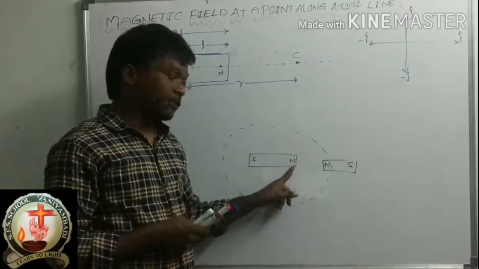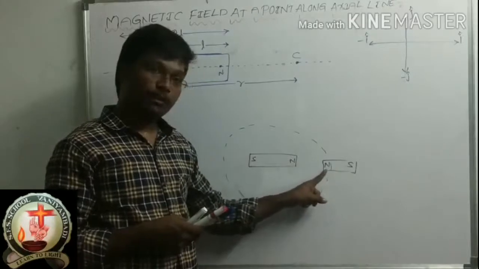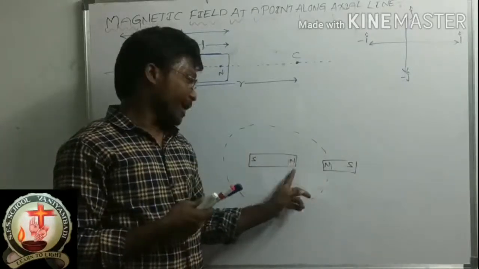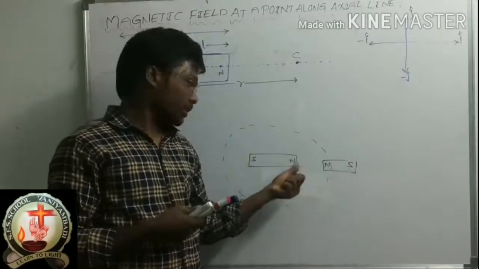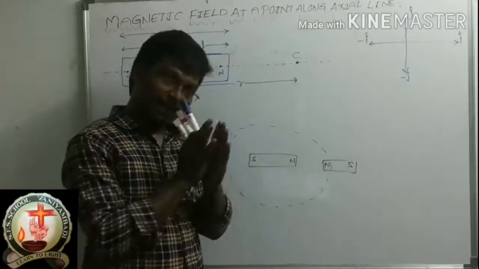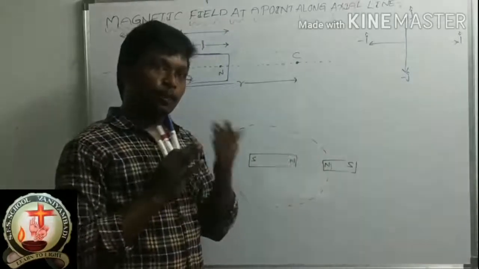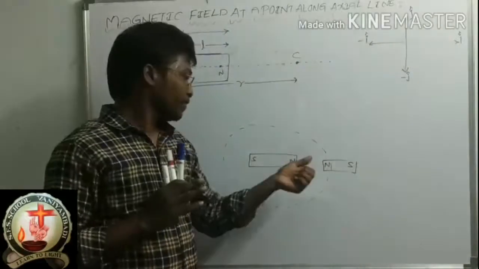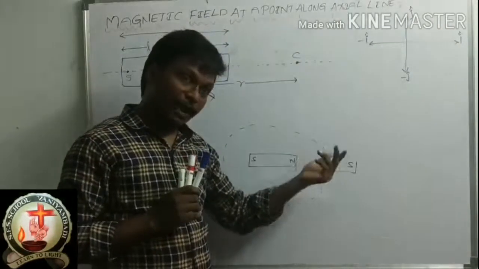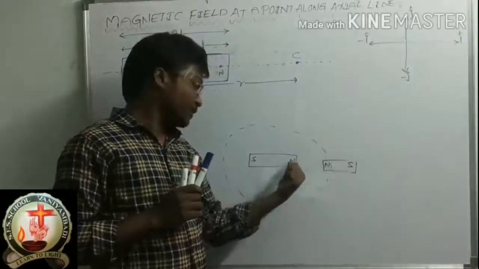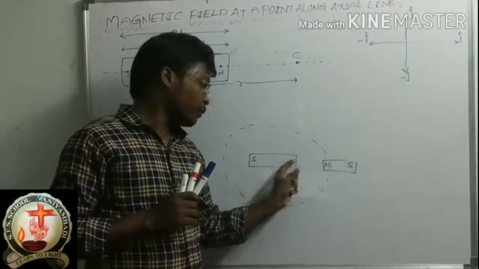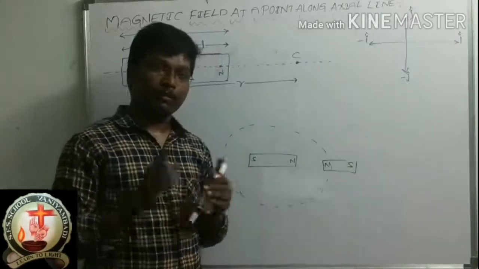This is the north pole of the magnet and this is also the north pole of the other magnet. So this magnet will repel this, because north pole and north pole always repel, correct? Remember that point.